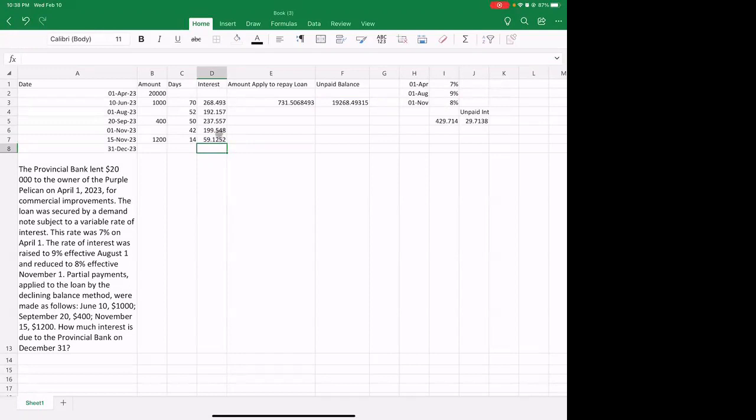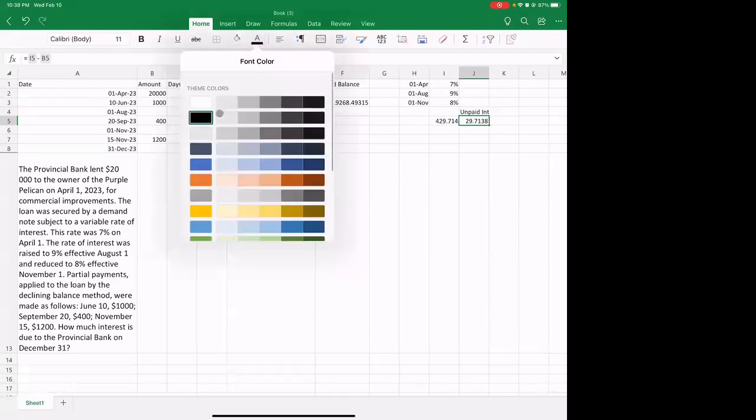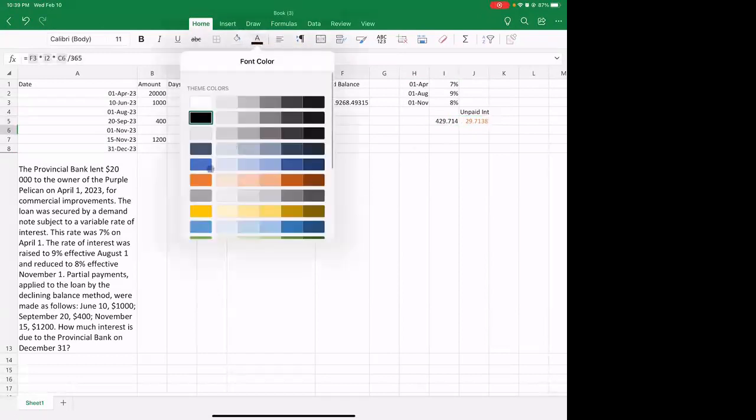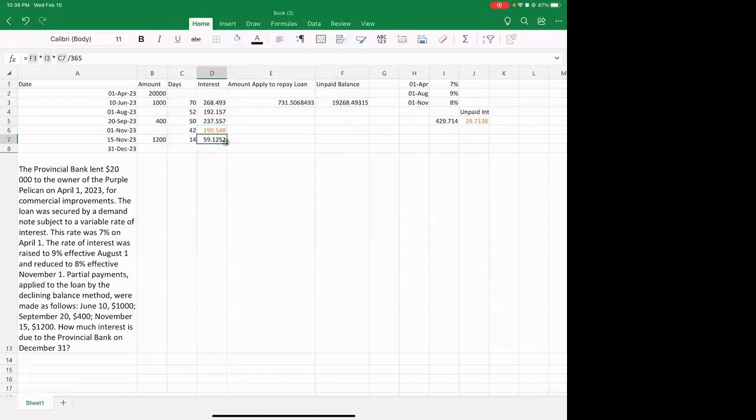So from here, this is the unpaid interest. So use $29 plus $199, and then plus $59.